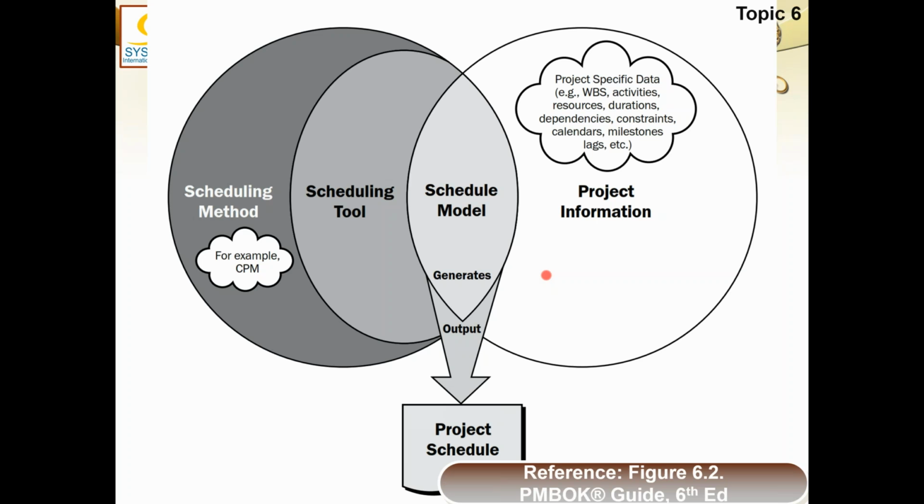So we will create a schedule, but this schedule is very likely to be affected by cost management, by human resource management, or any other knowledge area. So these are actually changing the project specific data. So we will keep waiting for all other knowledge areas to be planned and have their effect on the schedule. We will keep revising the schedule instances.